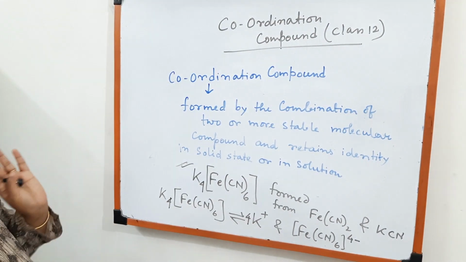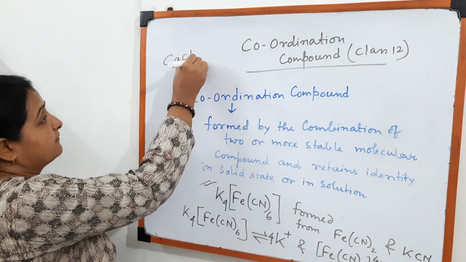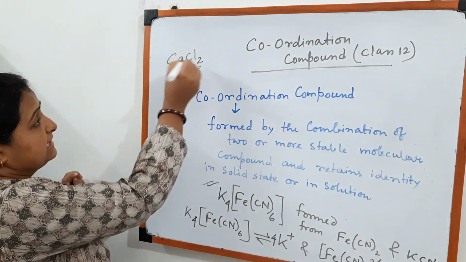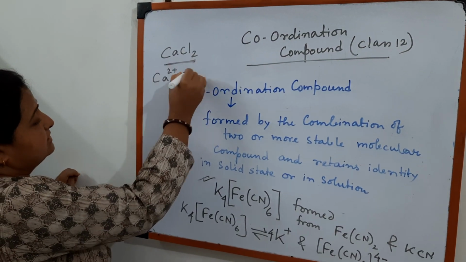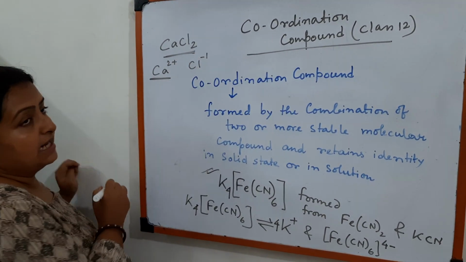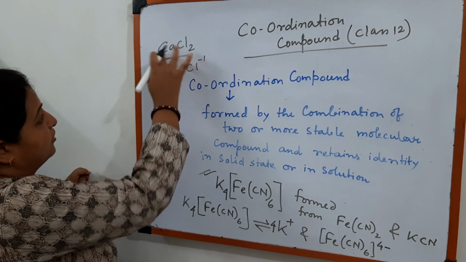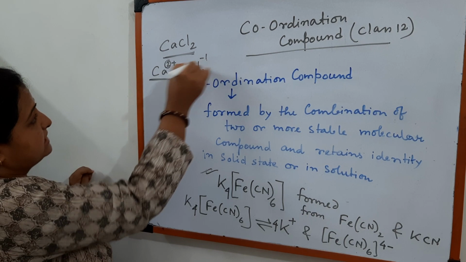Why? Just think about a simple compound. How can you write the formula of calcium chloride? Basically the formula comes from Ca2+, the cation part, and Cl-, the anion part. When we write the formula, we just exchange the numbers.